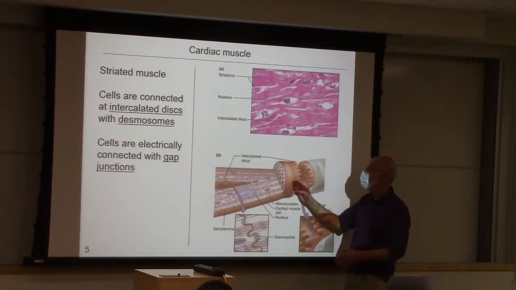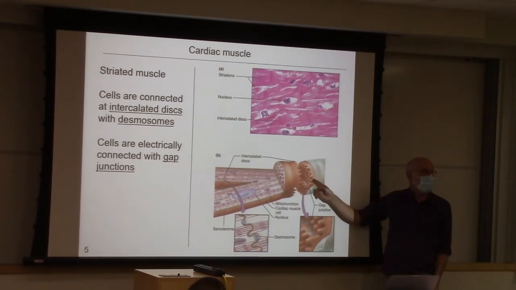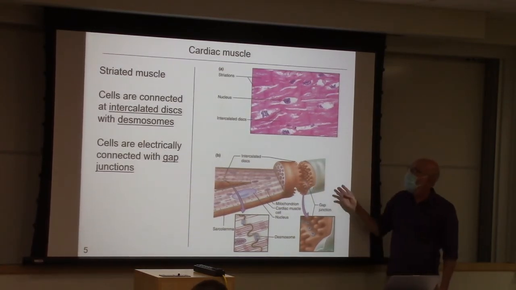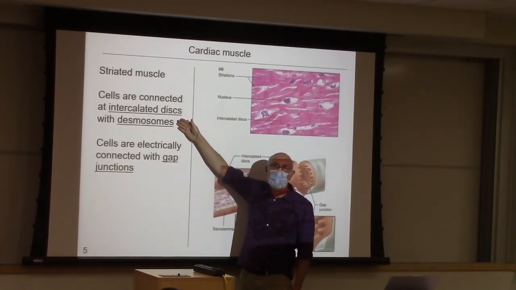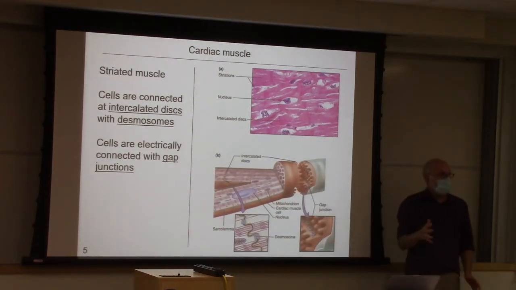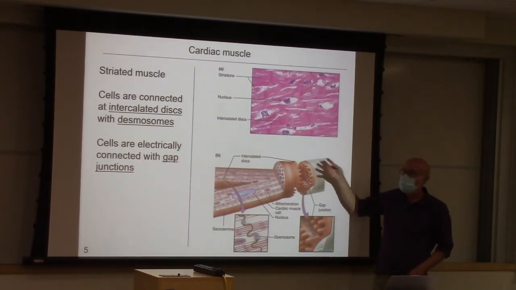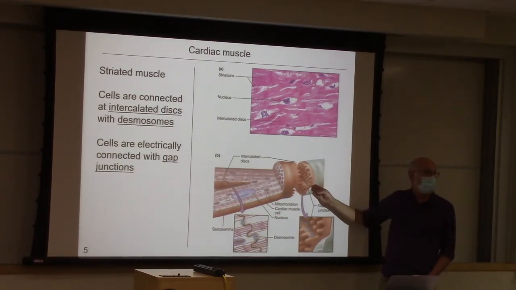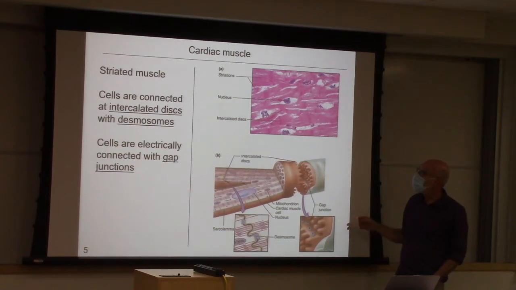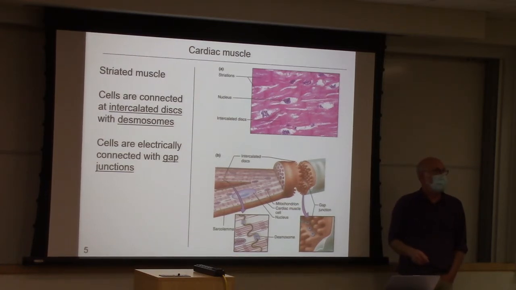The point is these cells are physically and electrically connected to their neighbors at a specialized structure called the intercalated disc and the desmosome. So that's jargon, that's names. The intercalated disc is the name of the physical connection of one heart muscle cell to its neighbor. And the desmosome is a specialized name for where the electrical connection is between one heart muscle cell and the next.